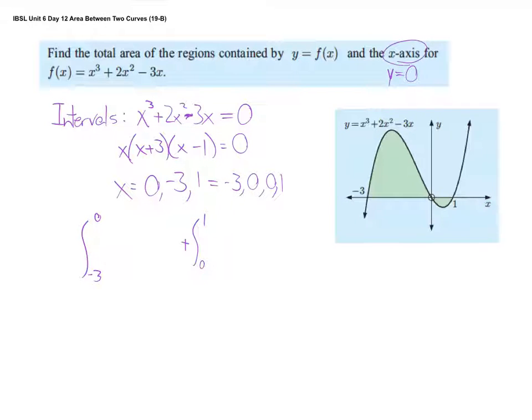Now, in the interval from -3 to 0, which function is on top? The x cubed plus 2x squared minus 3x. So you could think of it as this minus the 0.